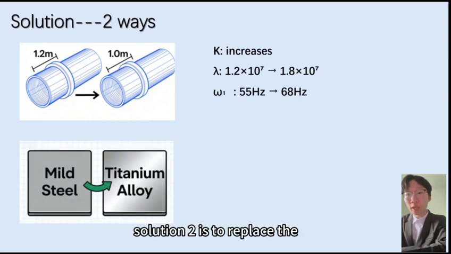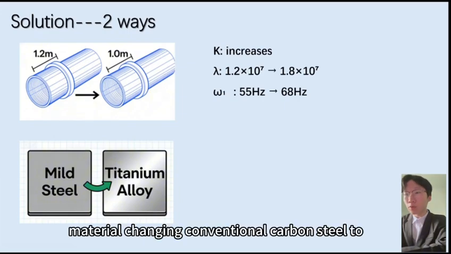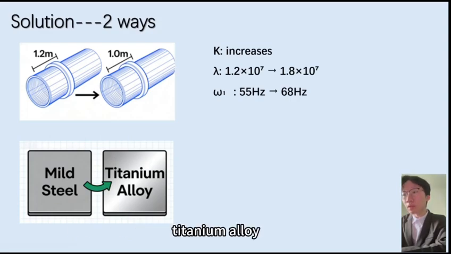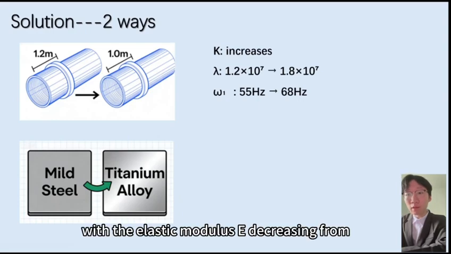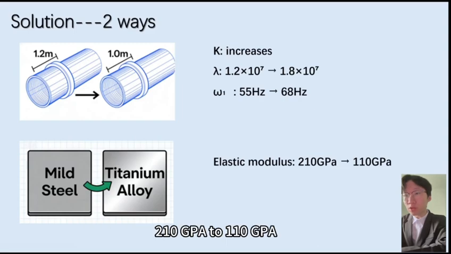Solution 2 is to replace the material, changing conventional carbon steel to titanium alloy, with the elastic modulus E decreasing from 210 GPa to 110 GPa.